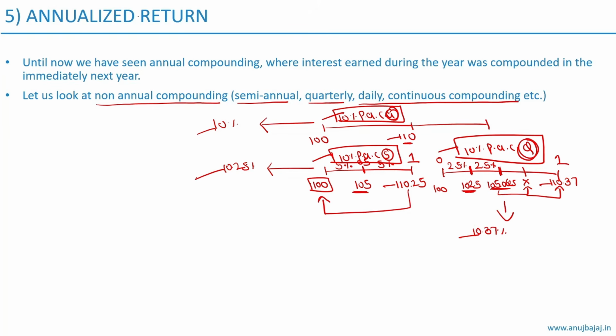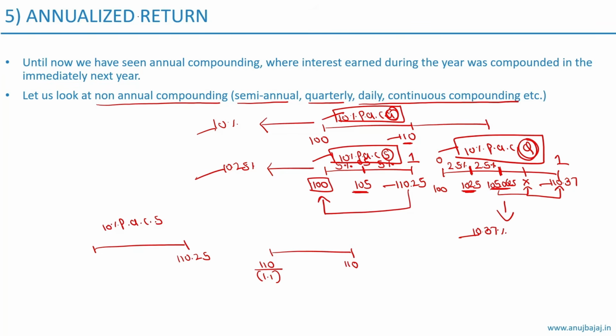Now let us see how we can find the present value when we have semi-annual compounding or quarterly compounding. So when we had annual compounding, say the future value was 110. So the present value will be 110 divided by 1.1. Now say we have semi-annual compounding where the future value is 110.25 and the interest rate is 10% per annum compounded semi-annually.